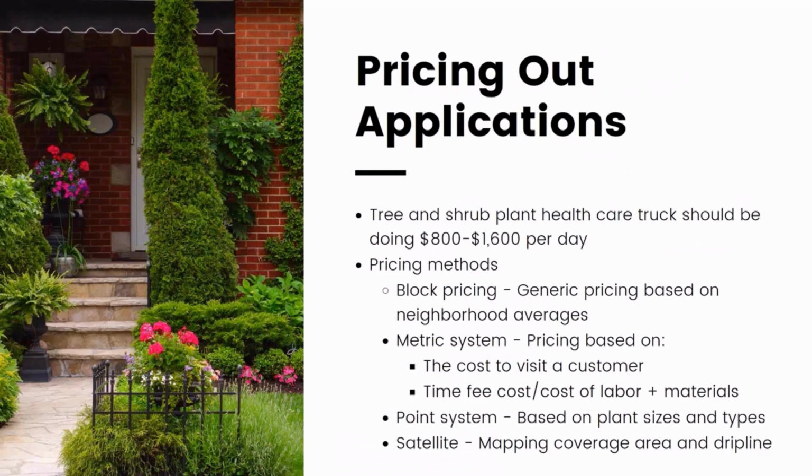The satellite's interesting because we started doing pricing based off of lot sizes, because we had such a huge customer base at that time that we found out that we could get into certain averages. And because we were protected by the profit margin of tree and shrub, it was very hard for us to lose money on these applications.